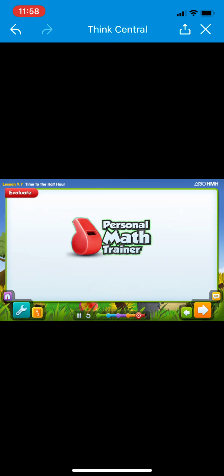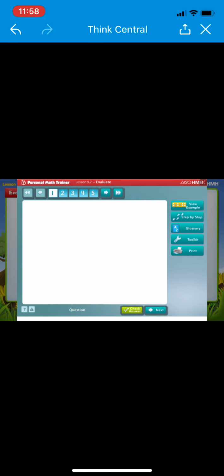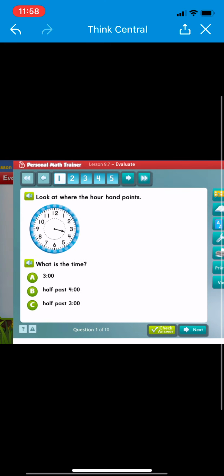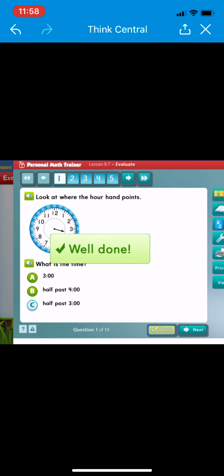Now try your homework on. Look at where the hour hand points. Well done. Look at where the hour hand points.